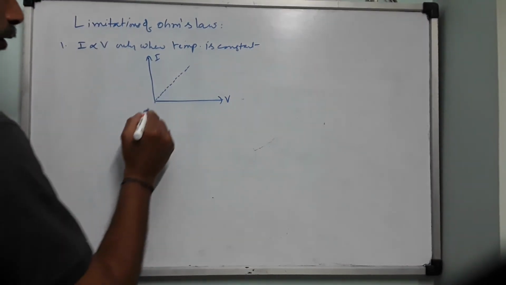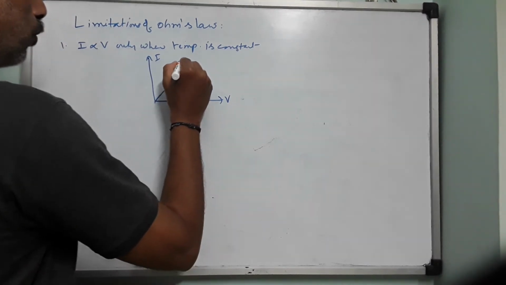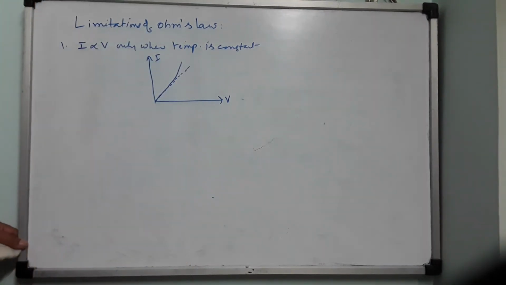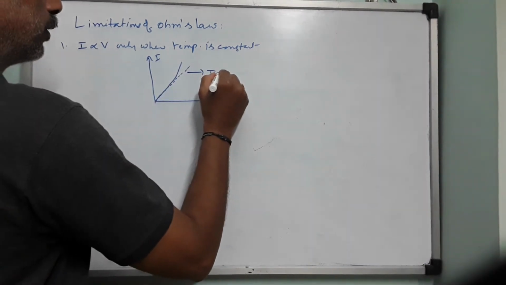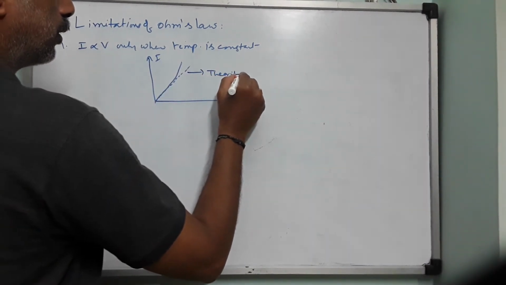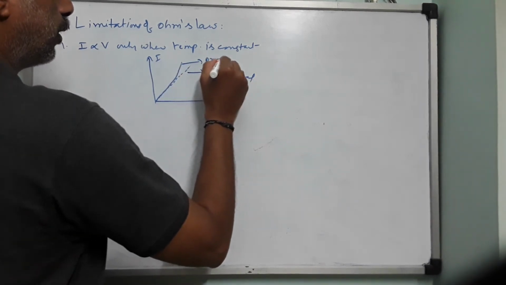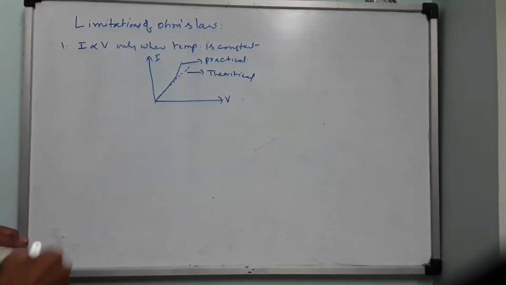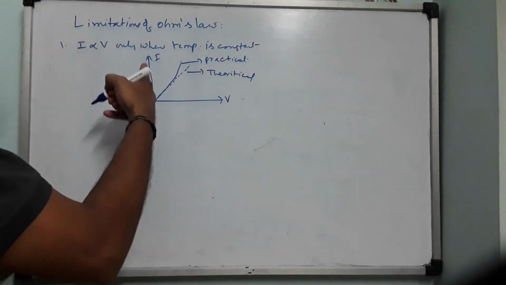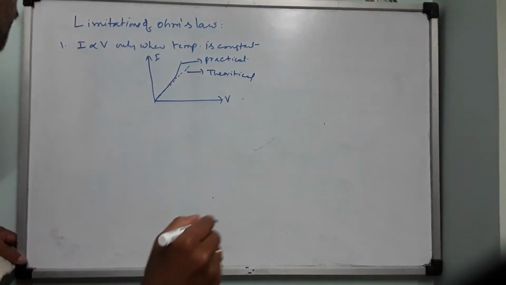But in practice, up to a certain extent I and V are directly proportional, then slowly the graph deviates. So this is the theoretical graph, and this is the practical graph. It is not necessary that current is always proportional to the voltage. There are deviations when the temperature increases.